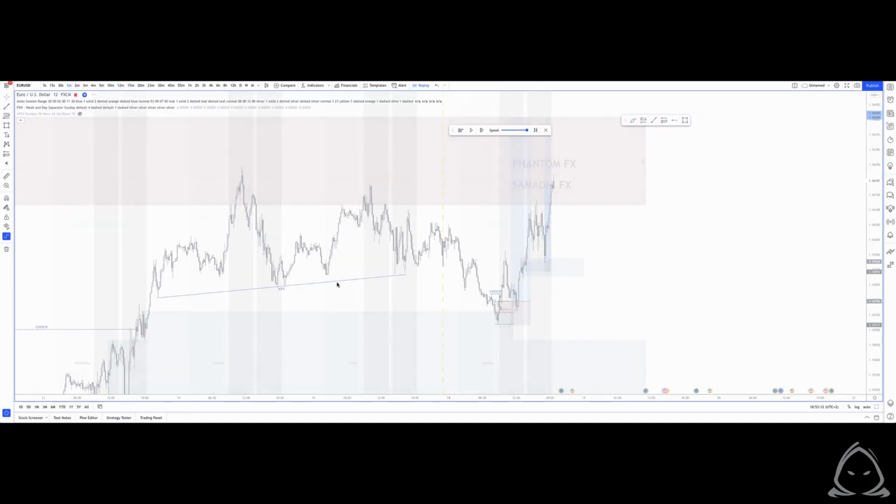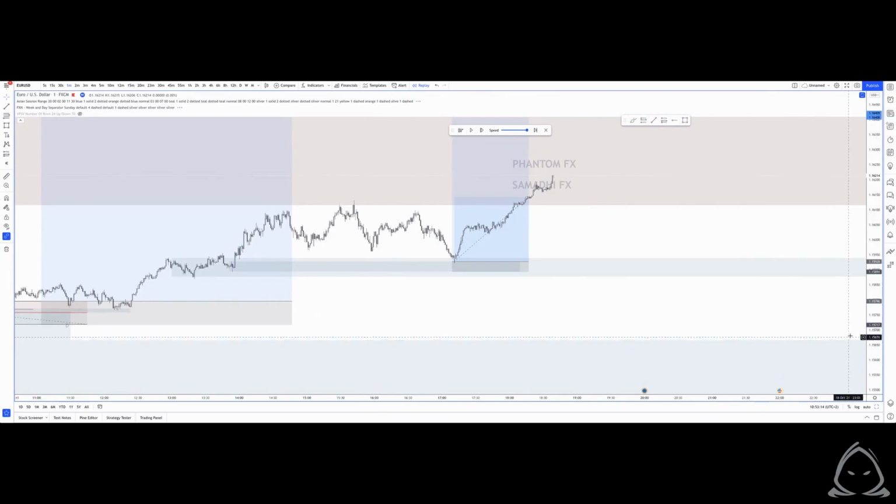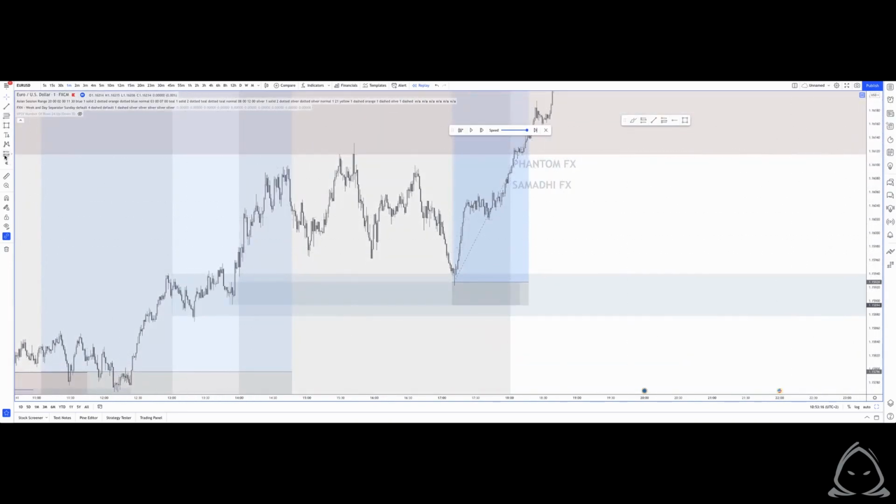If we go on 1 minute, probably you're gonna miss it. We have this imbalance, we have liquidity impending, so internal range liquidity to grab. Price tapped into this level in the New York session.